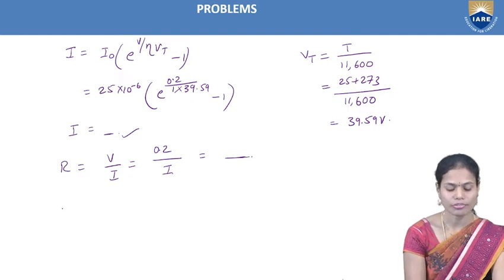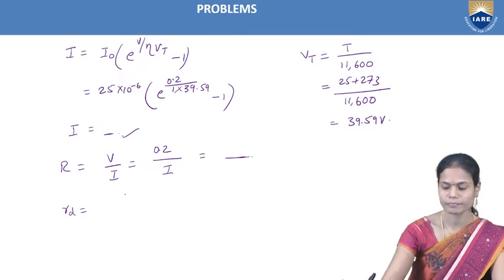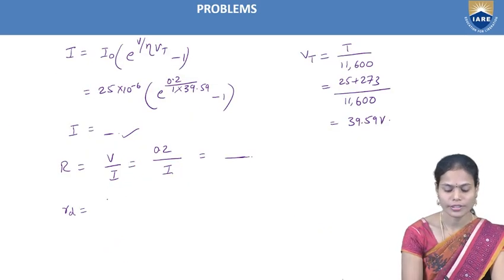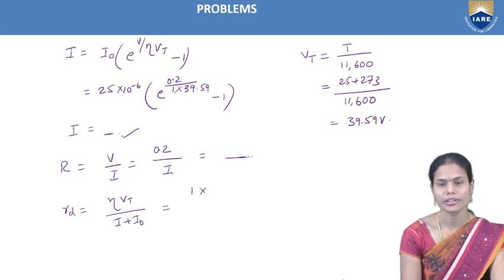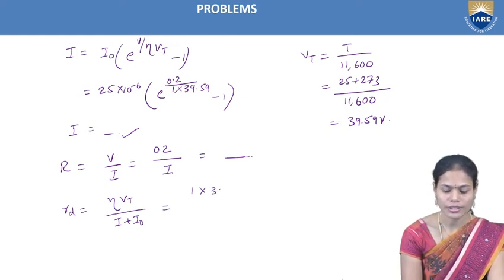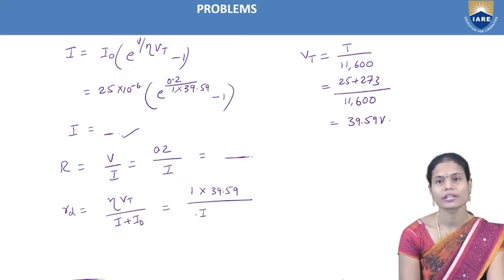Similarly, to find the dynamic resistance RD, we can take it as eta Vt by I plus I0. The eta value is 1 here, Vt is 39.59 ohms, divided by the current we are getting from here, plus 25 into 10 power minus 6.